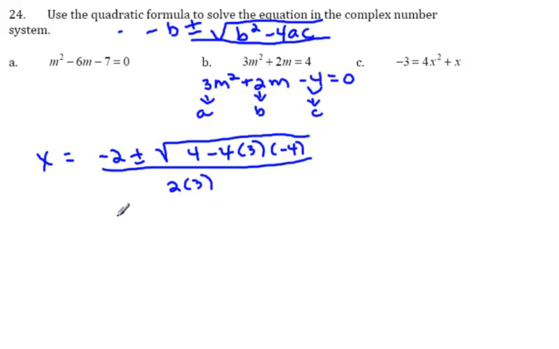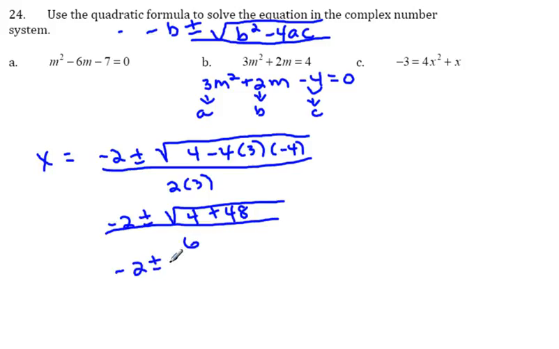So that gives me negative 2 plus or minus the square root of 4 plus 48, all over 6, which is negative 2 plus or minus the square root of 52 over 6.